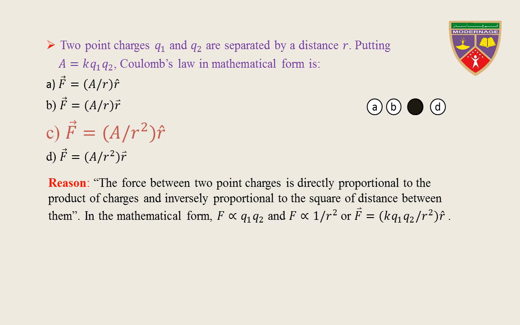In mathematical form, F is proportional to the product of Q1 and Q2 and inversely proportional to the square of distance R. F vector is equal to K Q1 Q2 divided by R square into R unit vector, where K into Q1 Q2 is equal to A. Hence, Coulomb's law in mathematical form is F is equal to A divided by R square into R unit vector.